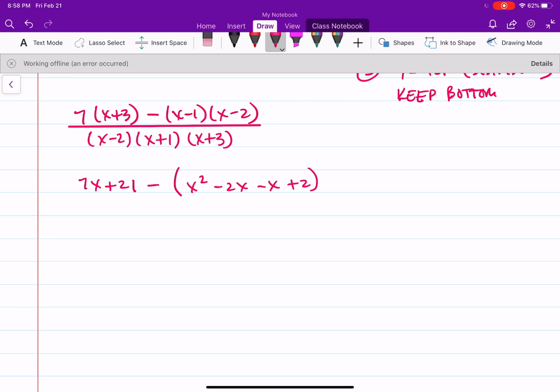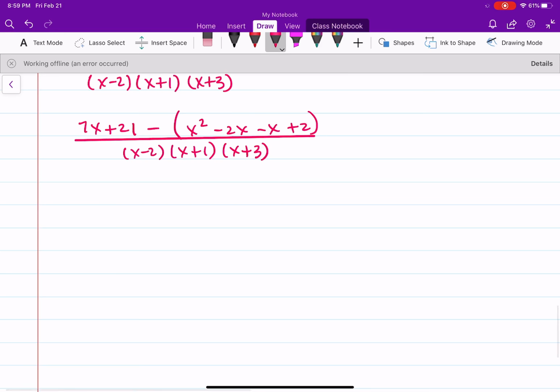You can either distribute the negative into the first factor and then FOIL, but people get confused on whether they distribute to the first group or to both groups. The answer is you only distribute to the first group. For me, it's easier to just FOIL it and then distribute the negative through. It's way easier that way, so I would tell you to stay that way as well, okay? So that's over x minus 2, x plus 1, x plus 3.